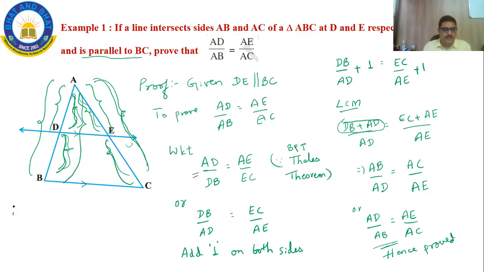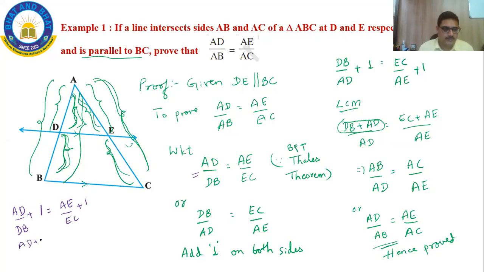That is AD divided by DB plus 1 is equal to AE divided by EC plus 1. Yes, you have to experiment, Siddhant. So that's what I said. As you practice more and more questions, you will be able to catch this better. So if I do it here, what will I get?